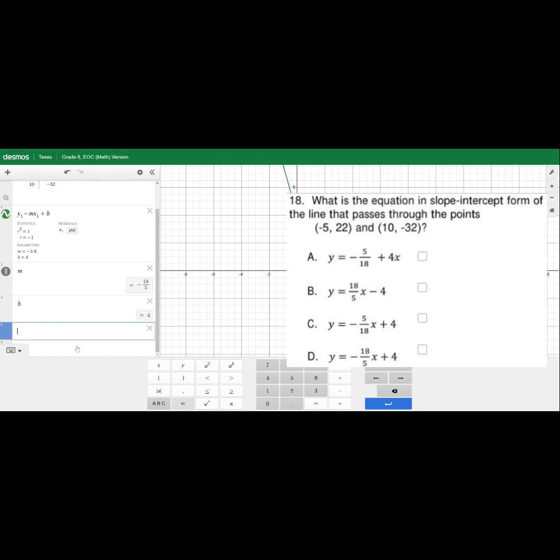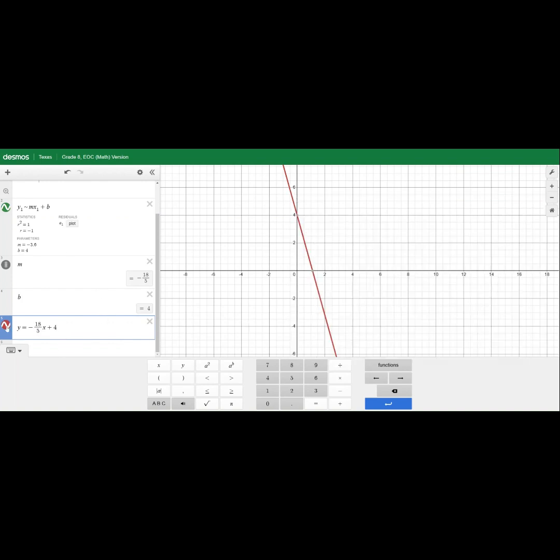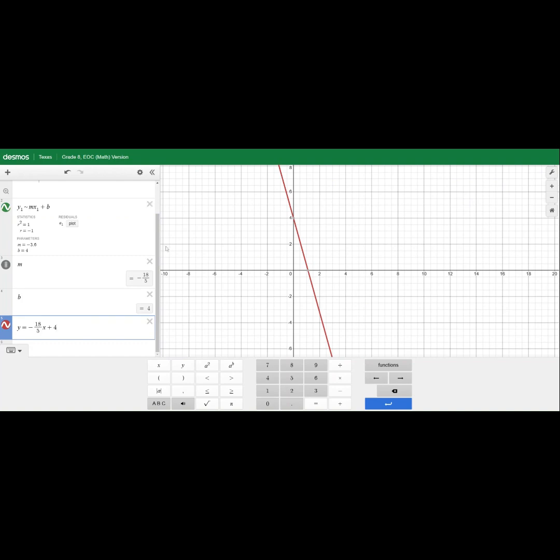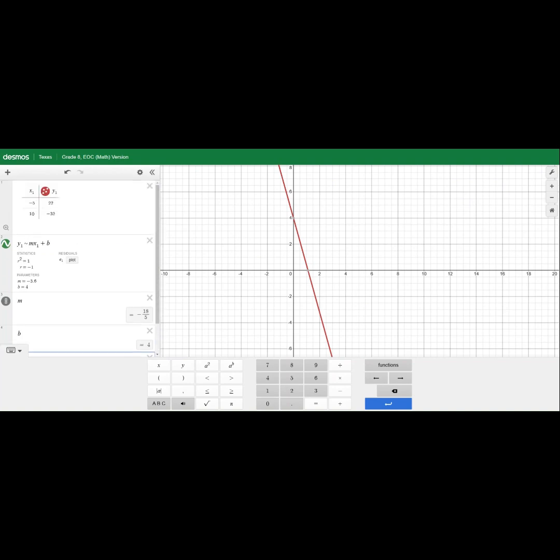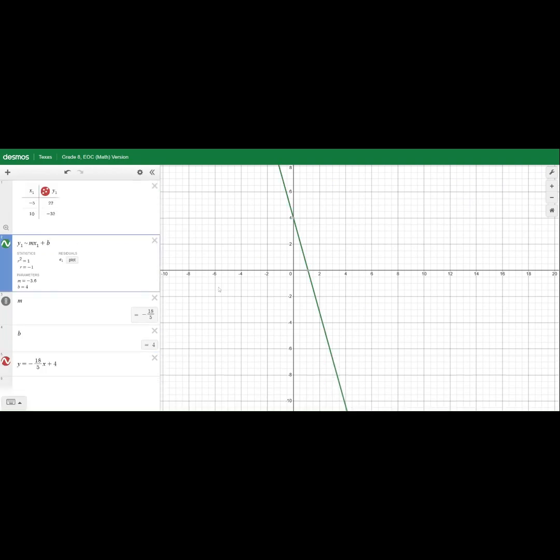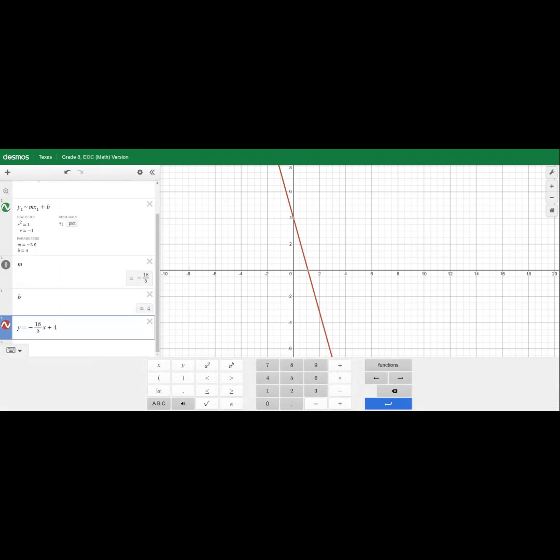To verify this, I'm going to write y = -18/5 as my slope, x + 4. If you notice, when I retype the equation, the initial graph, which is green, changed to red. It's overlapping, so it means my equation is correct.